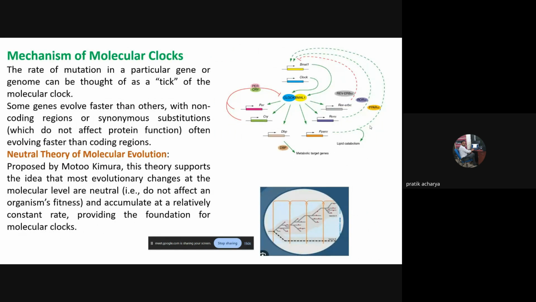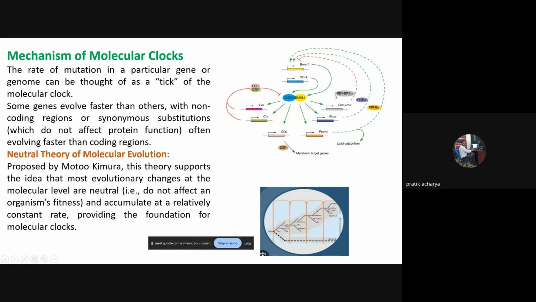The mechanism of molecular clock explains what? The rate of mutation in a particular gene or genome can be thought of as a tick of the molecular clock. Okay, that means the mutation actually shows the time when the mutation occurred. These are different genes, and different genes show the rate of mutation.